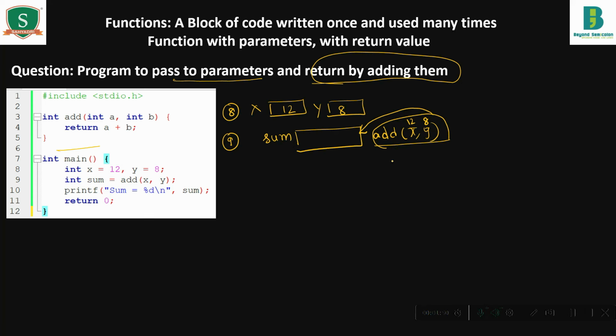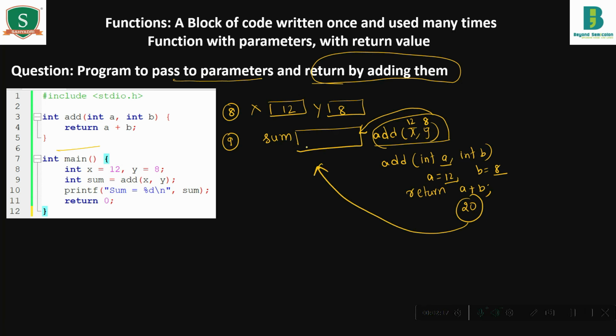Inside the add function, int a, int b. It is very much evident x value 12 is assigned to a and y value 8 is assigned to b. Inside the add function, there is only one statement, that is return a plus b. 12 and 8 will be added, 20 will be returned to sum.